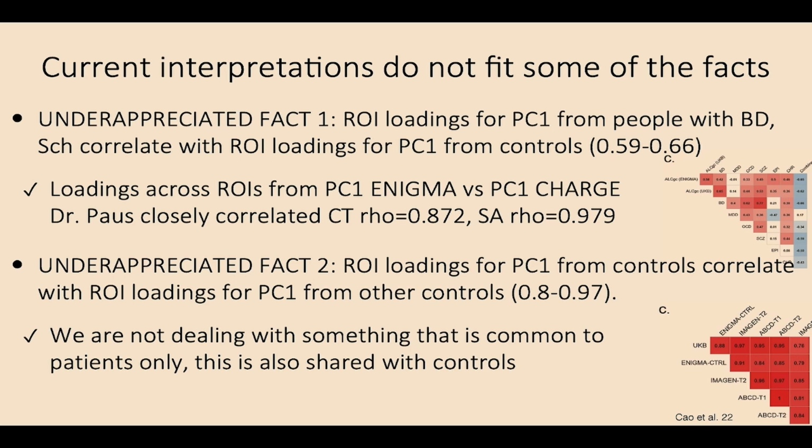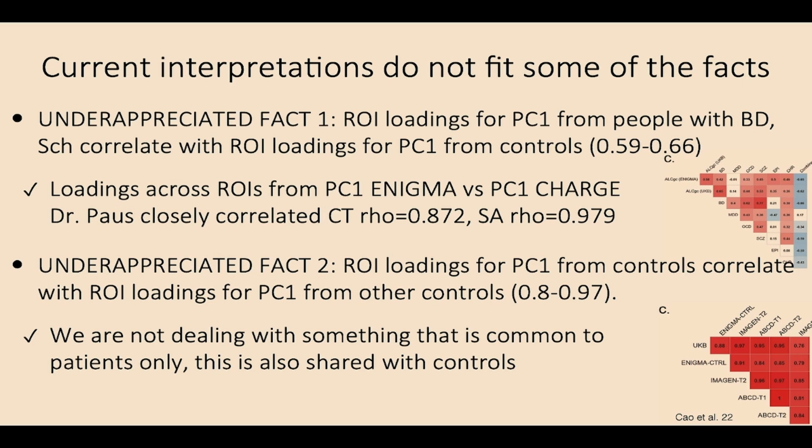For example, the loadings for PC1 from people with SMI correlate very closely with loadings across regions of interest from controls. And we looked at this also with Dr. Paus, who sent us his loadings for the first principal component from his CHARGE consortium data set, and our PC1 with his PC1 very strongly correlated with each other.